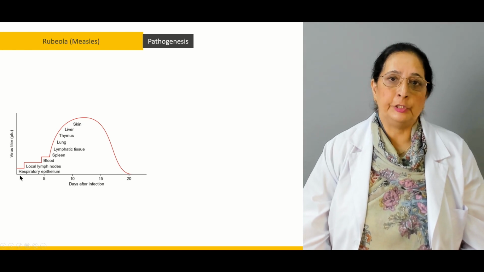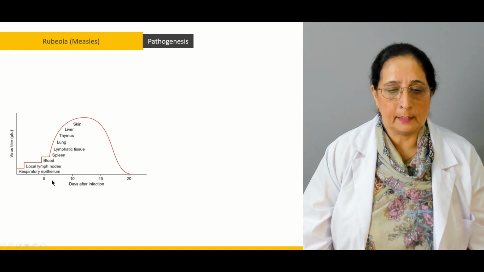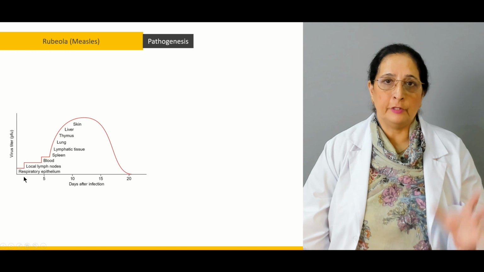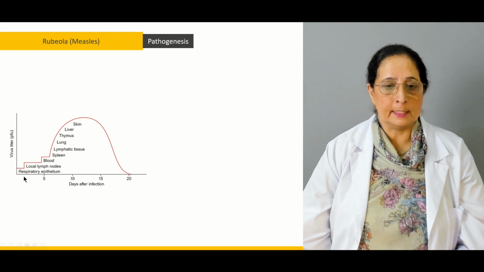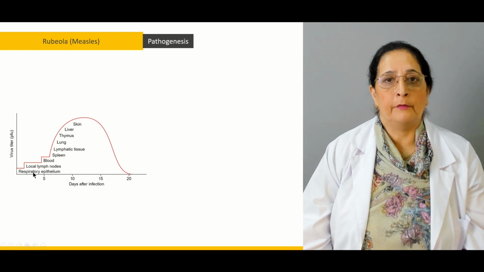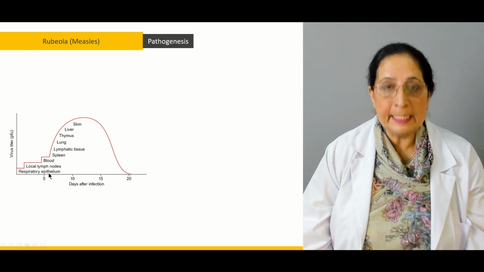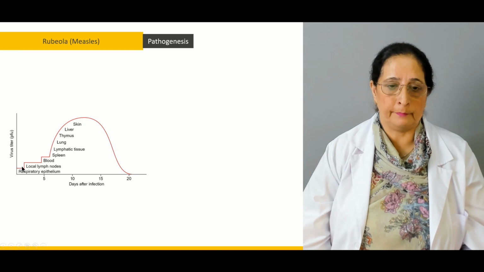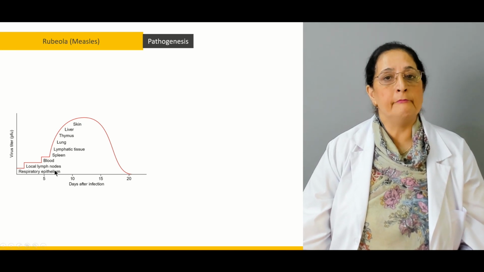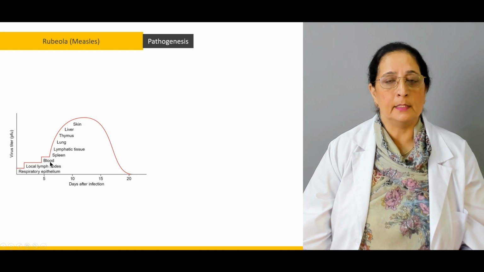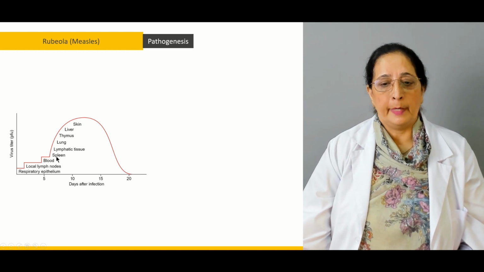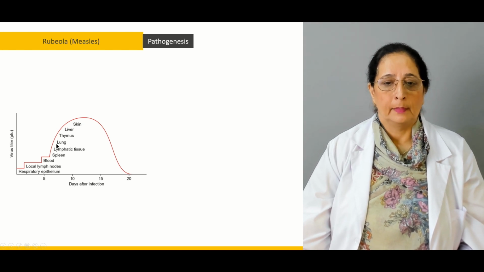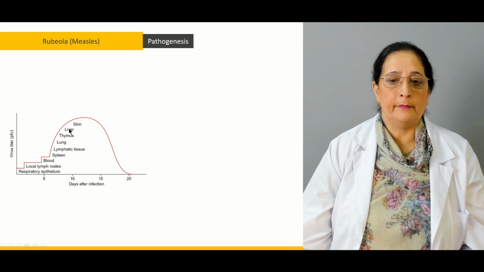Once the infection by the measles virus occurs, usually in the first 5 days, there is involvement of the respiratory epithelium leading to respiratory distress or infection, local lymph node involvement, then blood involvement, spleen, lymphatic tissue, lungs, thymus, liver, skin.